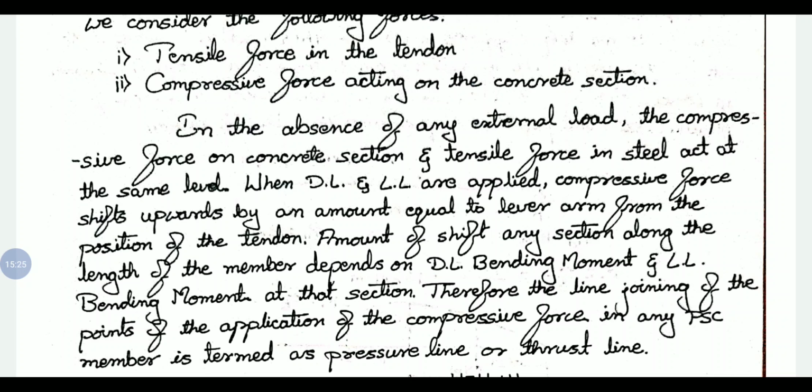The amount of lever arm is calculated using the bending moment due to dead load and live load, and it depends upon the length of the member, that is, the span.